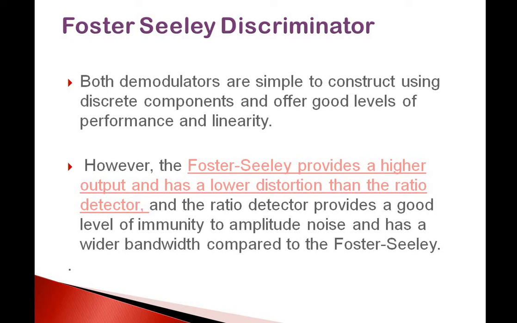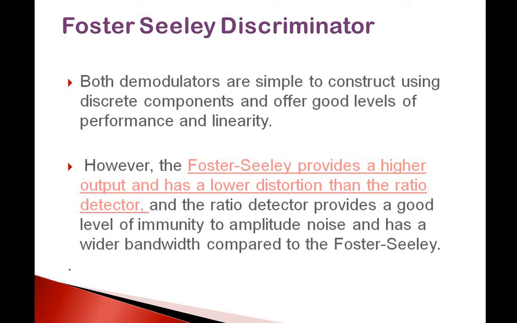However, the Foster-Seeley provides a higher output and has lower distortions than the ratio detector, and the ratio detector provides a good level of immunity to amplitude noise and has a wider bandwidth when compared to the Foster-Seeley method. First we will see the Foster-Seeley method, which provides a higher output and lower distortions.